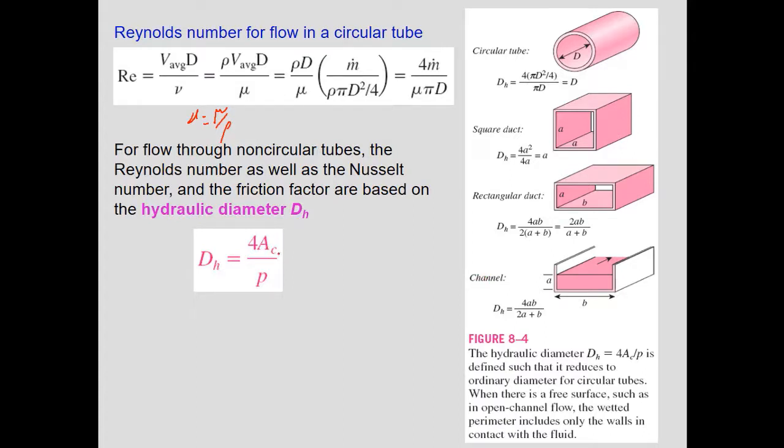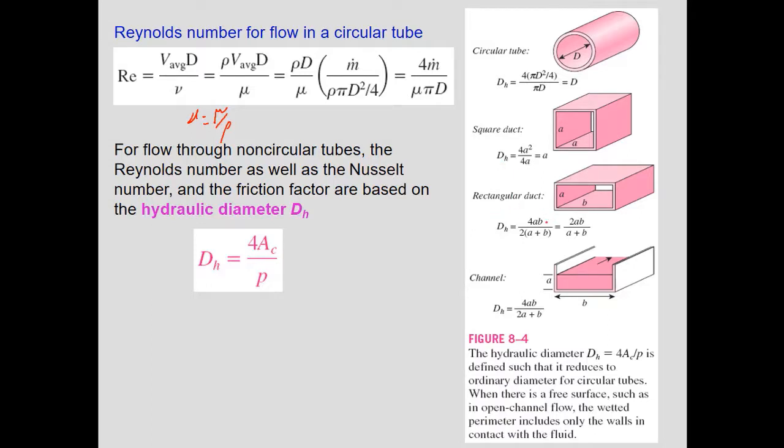You can see here the hydraulic diameter for the square duct: if you substitute AC as A squared, we have 4A squared divided by P. P is the perimeter, so it is 4 times A. So DH, or the hydraulic diameter, for a duct like this, with the size of each side as A, is A.